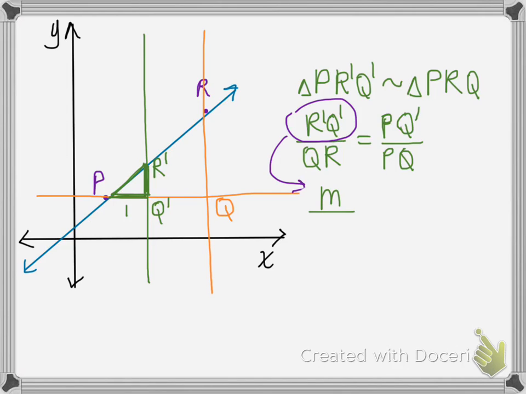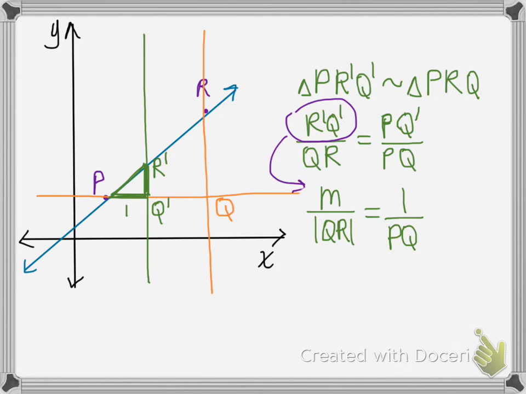Okay, so R prime Q prime is M, and QR is that unknown length on our triangle, and that's going to be equal to this other ratio. So we know another distance here. We know that PQ prime is 1, and we don't actually know PQ. It doesn't look like a Q right here, but it is.